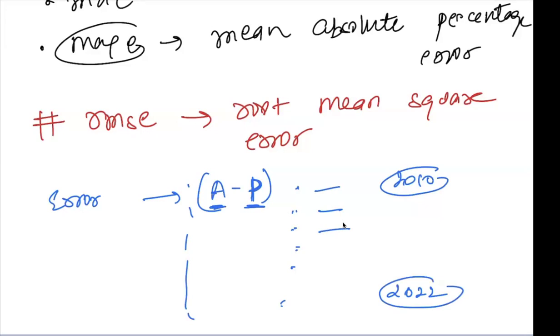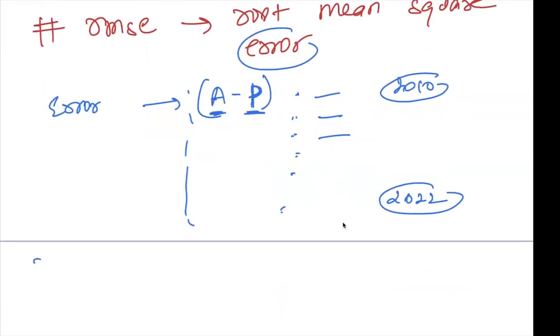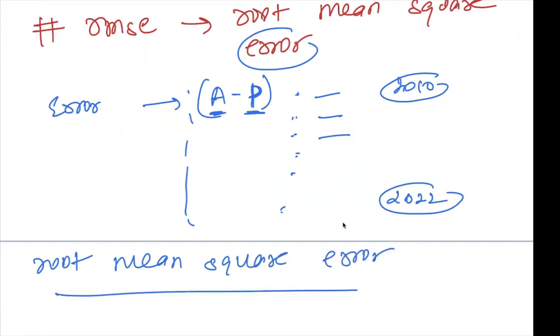This is how you define error. Always remember, root, mean, square, error. Normally we read left to right, but in this specific case we'll go right to left, in reverse.